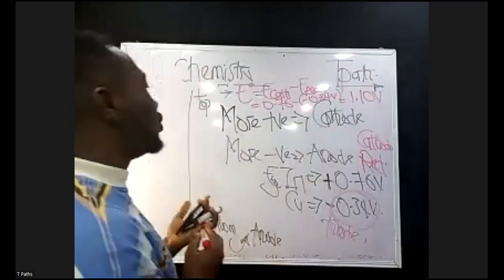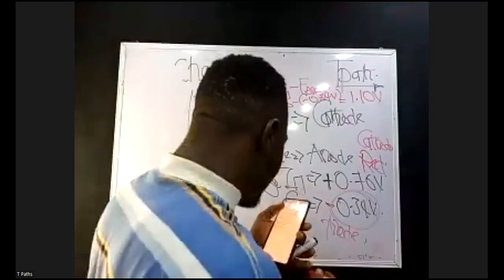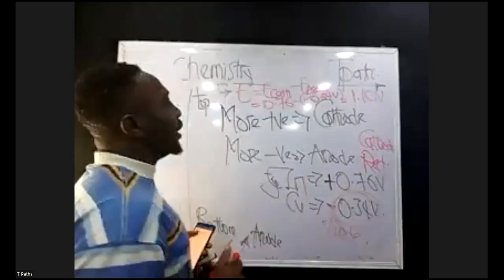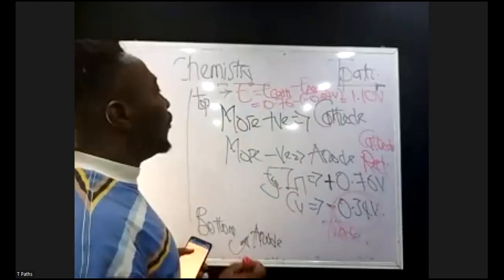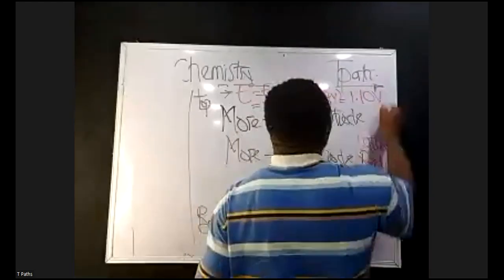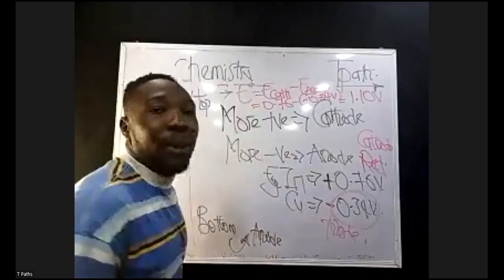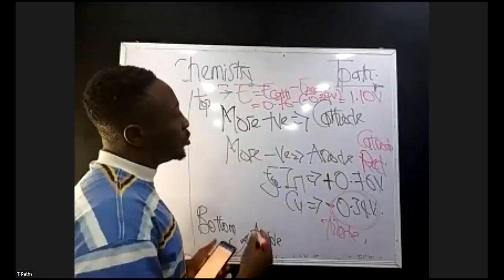So 0.34 plus 0.76 volts is 1.10 volts. With that, you are able to get what we call the EMF of the cell, that is the E naught of the cell. You can see how we've applied the electrochemical series.